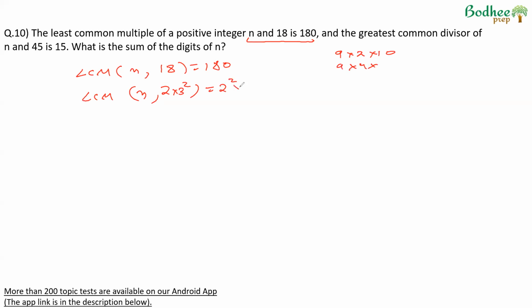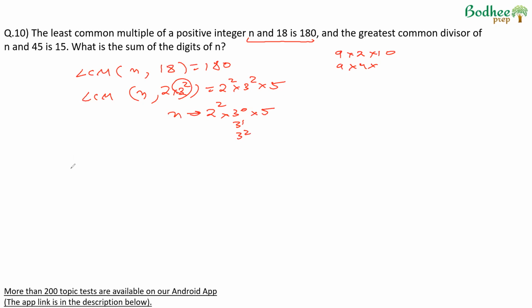So 2 square into 3 square into 5. That means n has to have the power of 2 as 2 square. The power of 3, because 3 square is already there, could be 3 raised to power 0, 3 raised to power 1, or 3 raised to power 2. In all the cases, we'll get 3 raised to power 2. Plus, we need a 5 as well. So one of these 3 cases will be n.